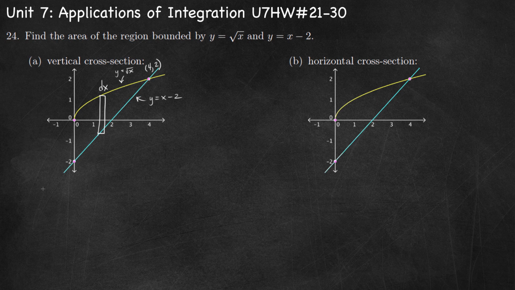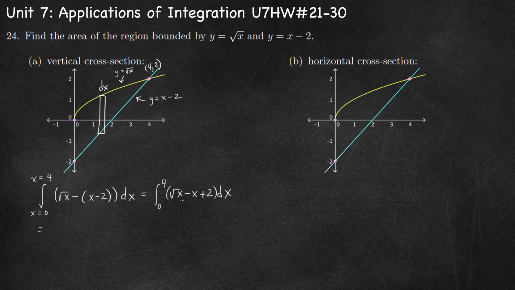So our setup, we're going to integrate. This is a dx problem, so we go from x equals 0, and then we go across to the right until we hit x equals 4. We do top minus bottom, so square root of x minus x minus 2 times dx, which is the integral from 0 to 4, square root of x minus x plus 2 times dx.